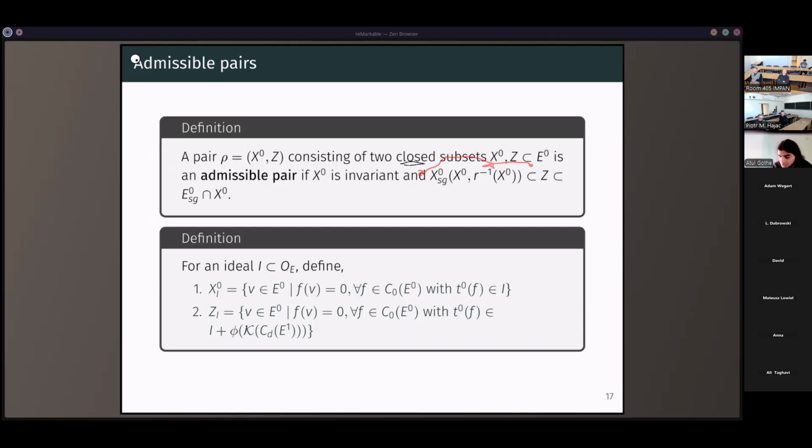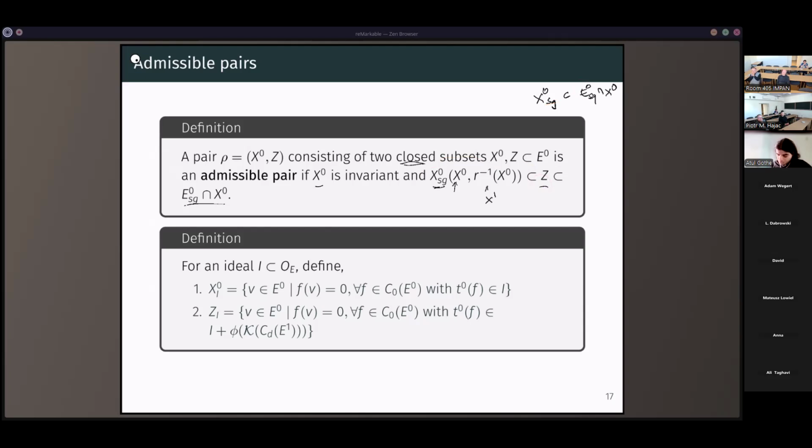And we call this an admissible pair if x0 is invariant and z lies between the singular vertices of x0 and E0 singular intersected with x0, where the singular vertices of x0 are defined by taking the vertices to be x0 and the edges to be the pre-image under the range of x0. Usually, in many cases, x0 singular is strictly inside E0 singular intersected with x0, so z can end up in between both of them.